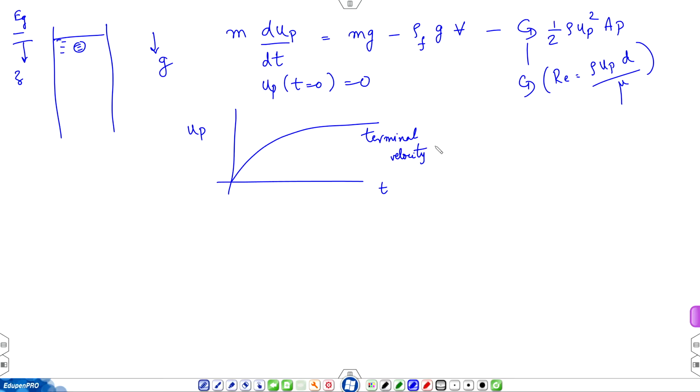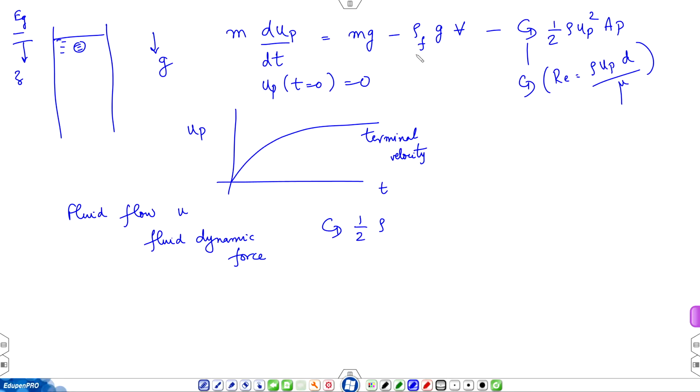Suppose the fluid is also in motion. Let us say you have a prescribed flow, then the fluid dynamic force will be replaced by C D half rho.